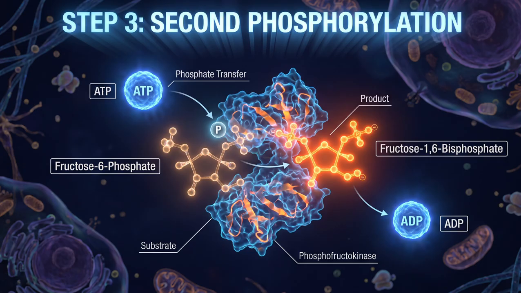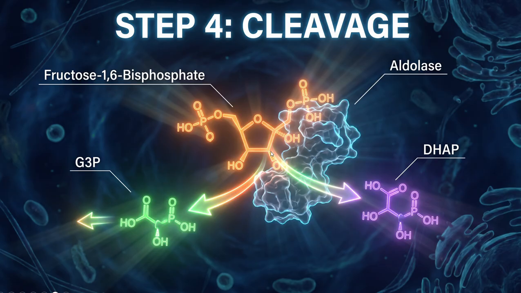Step 4. Let's go on to step 4. Step 4 is your cleavage. Step 4 is when that fructose 1,6 bisphosphate we just made is split into DHAP and G3P. What's DHAP? DHAP is dihydroxyacetone phosphate.